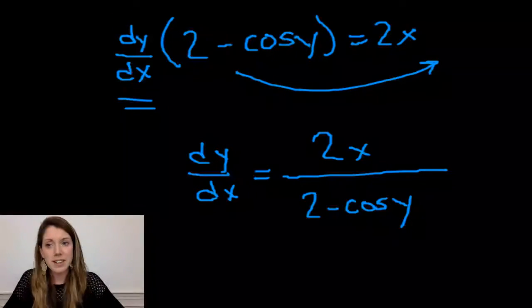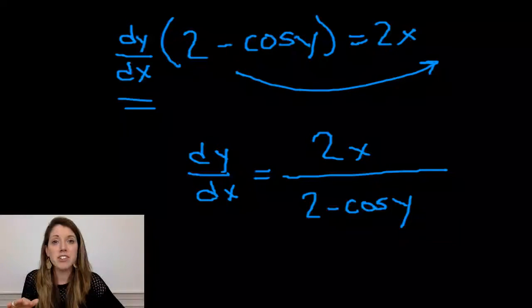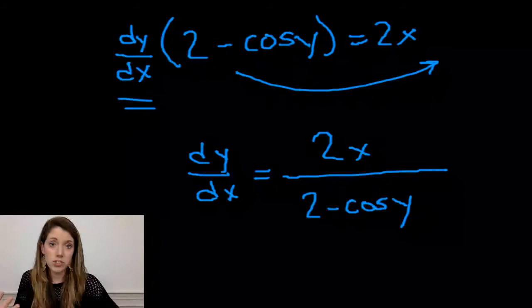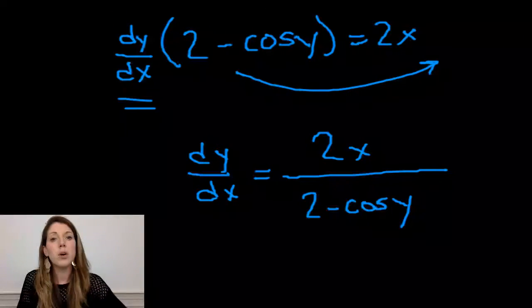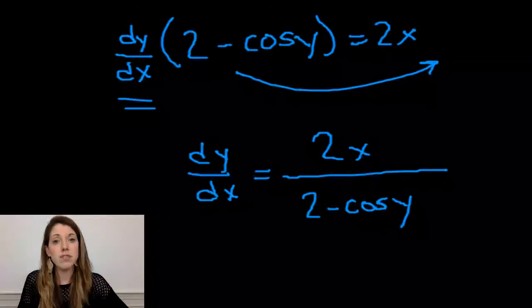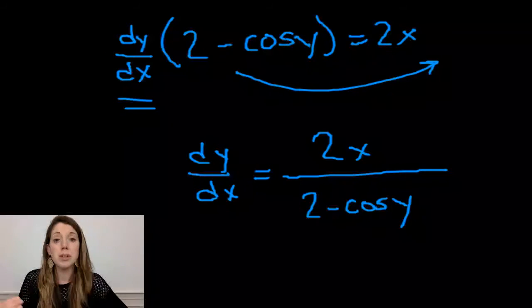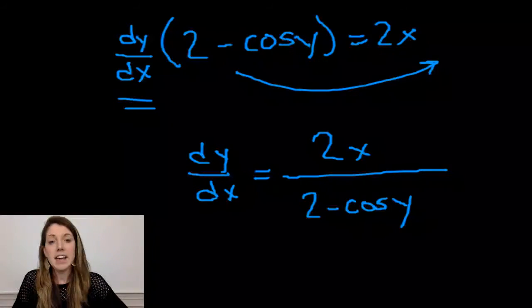So at its basis, implicit differentiation is an application of the chain rule. It's forcing us to think about x and y according to the type of variable that they are. X is a normal, independent variable. Y is a dependent variable, which means it's really a function. It's not just a standalone variable. So we treat it as a function, which means we have to use the chain rule. And then how do we know that we're done with this problem? How do we make sure we don't get lost in the process?